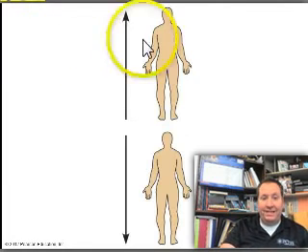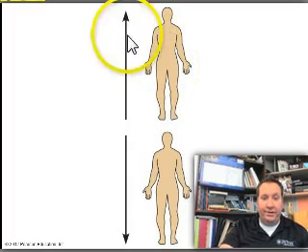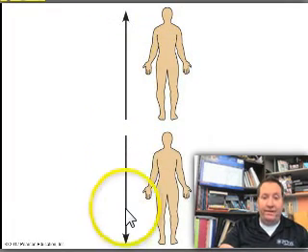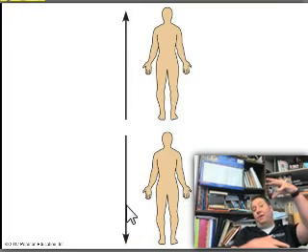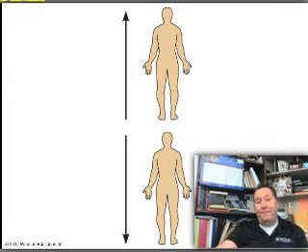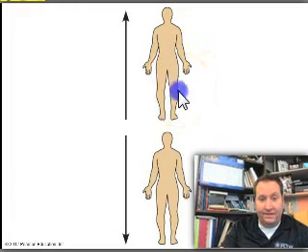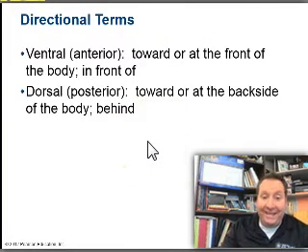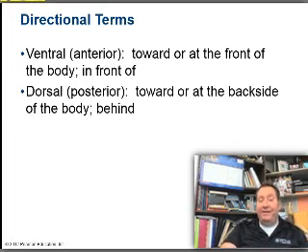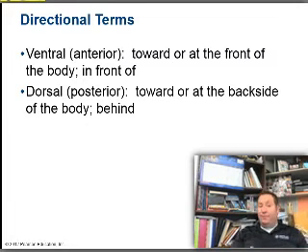These arrows are representing superior, which is towards your head, and inferior, which is away from your head, toward your feet. But if I'm dealing with an organ, the superior end is going to be the top part of the organ. The inferior portion is that bottom part of the organ itself. Ventral and anterior mean the exact same thing in a human being because we're bipedal and we stand on two legs, as opposed to being a quadruped standing on all four.